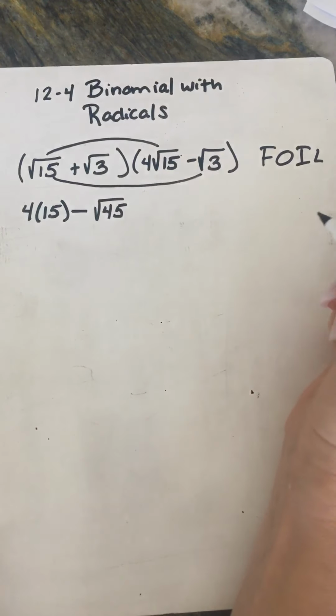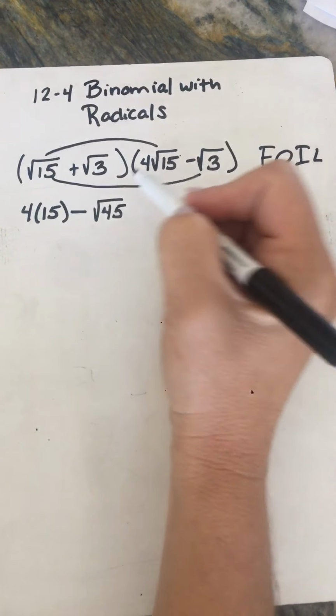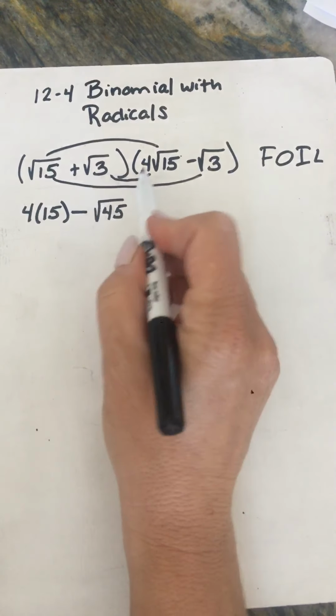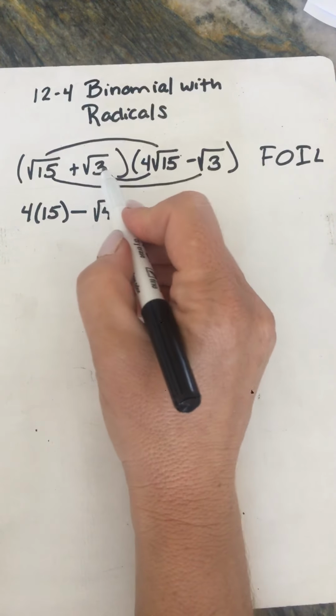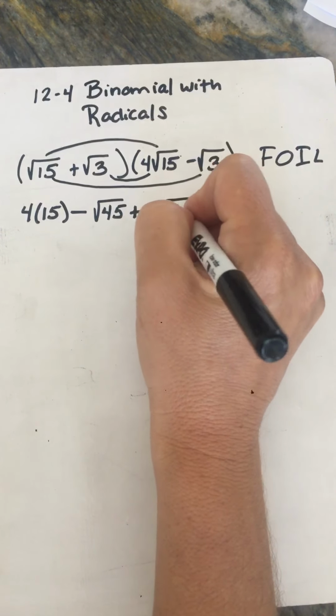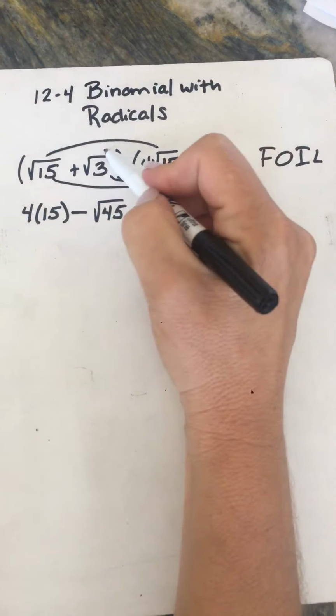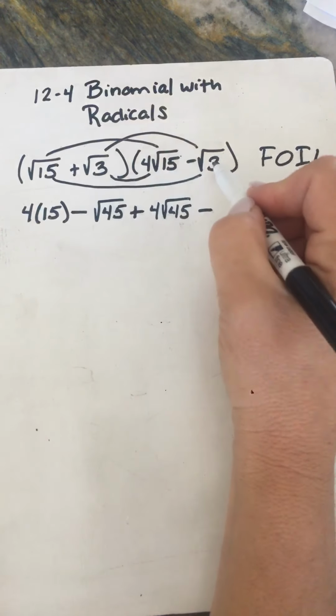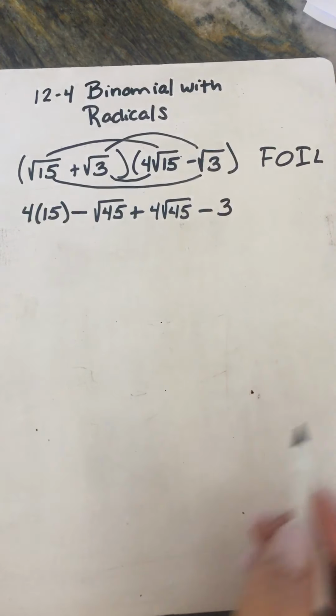We'll simplify later. Don't worry, those of you that get excited about that. Okay, positive times positive, so that's positive. Square root of 3 times 4 square root of 15, so that's going to be 4 square roots of 45. And then the last ones, it's a positive times a negative, so it's negative, and square root of 3 times square root of 3 is just 3.